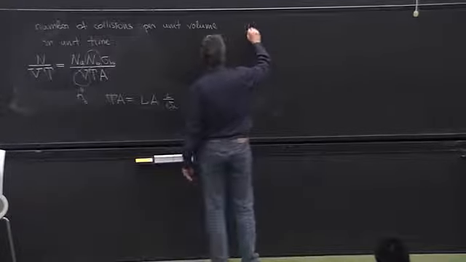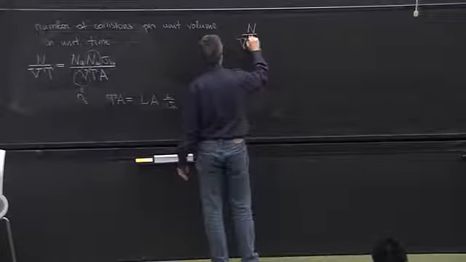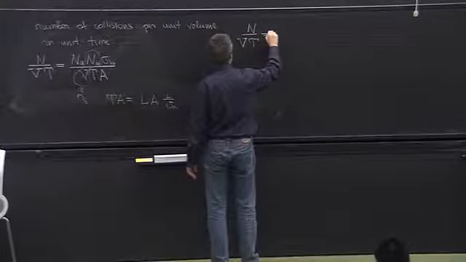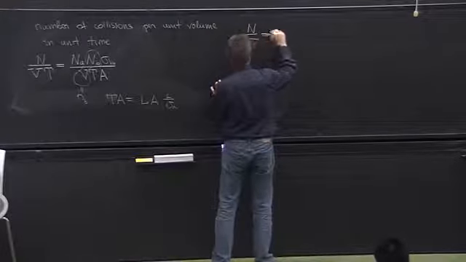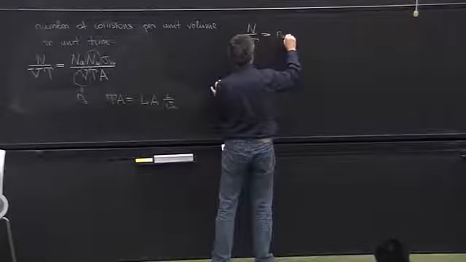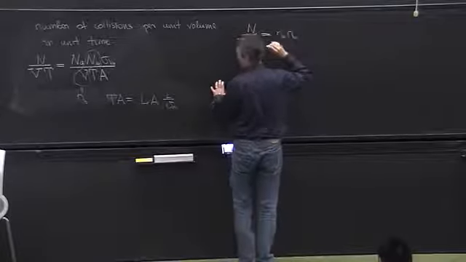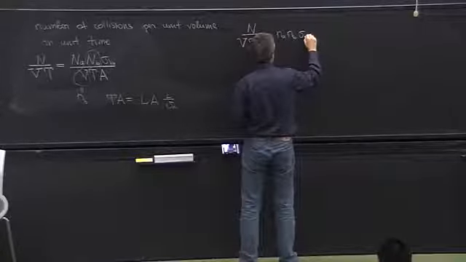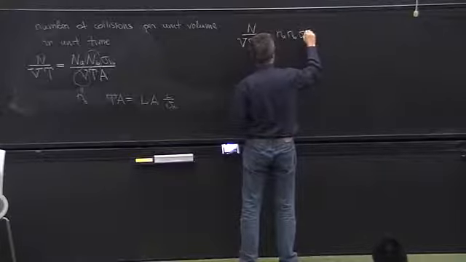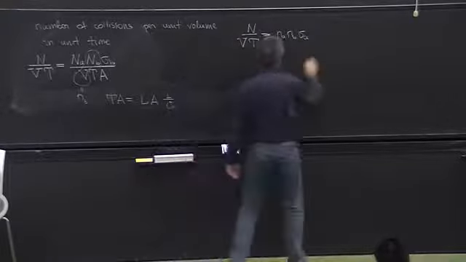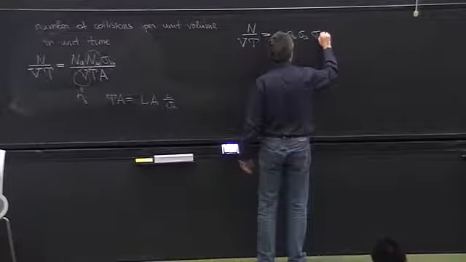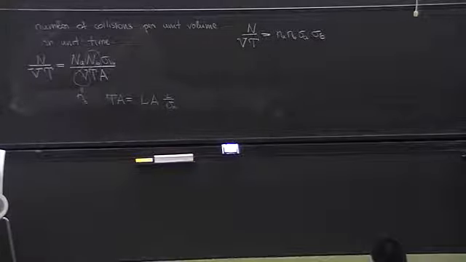And so finally, we obtain that the number of collisions per unit volume per unit time is proportional to the number densities of particles, times the velocity of the incident particles, and times the size of the particles in the target.